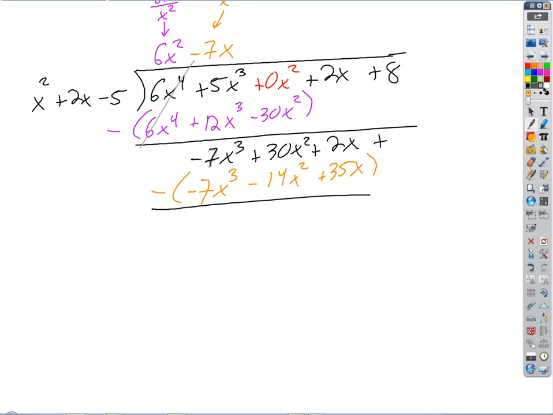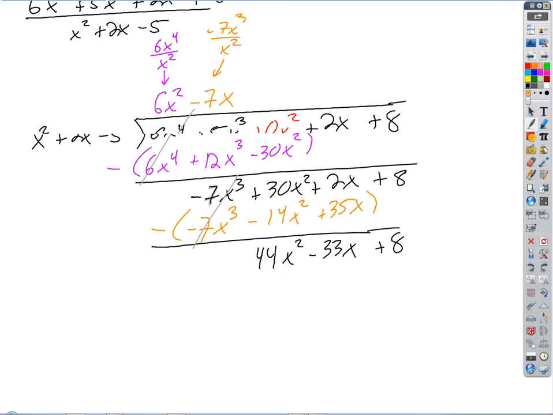So of course, first terms cancel. That's the whole point. Then what? 30 minus negative 14 is, so we're going to get 44x squared, 2 minus 35, negative 33x, and then I got my plus 8.